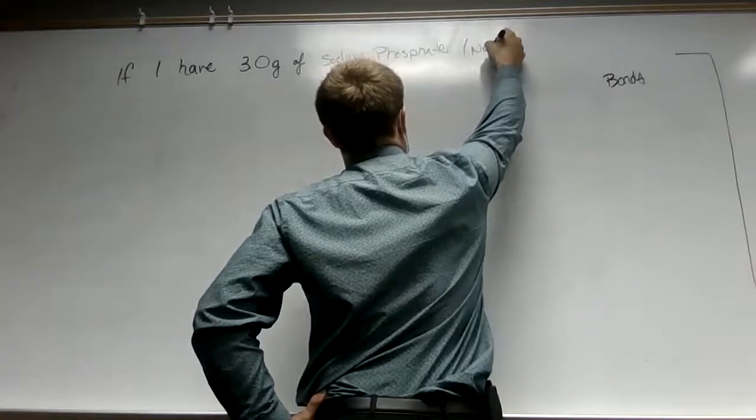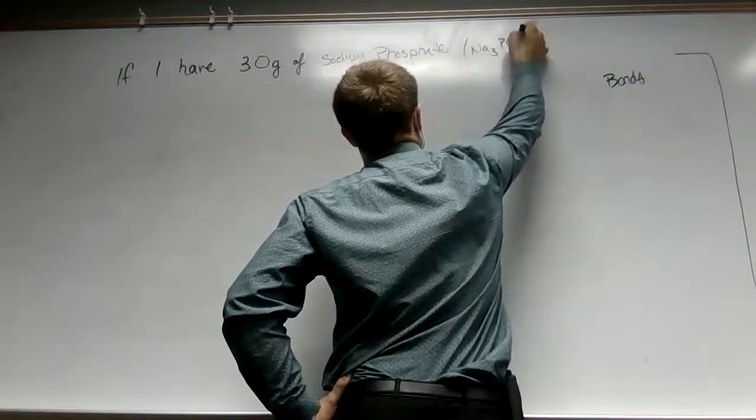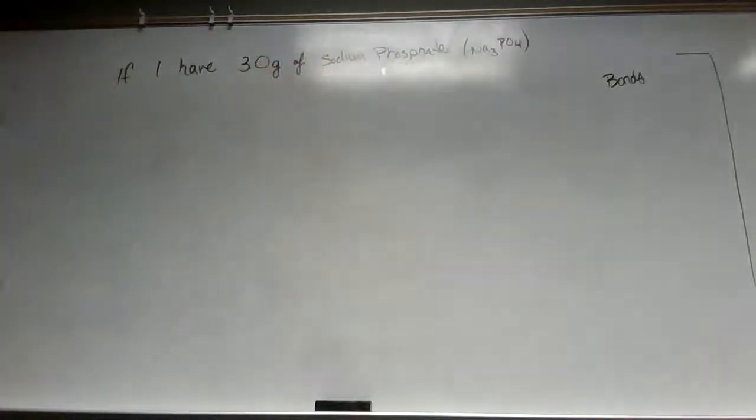I'll give it to you as Na3PO4. You guys have not gotten polyatomic ions yet. You would know if you did, which should be probably early next week. So Na3PO4.